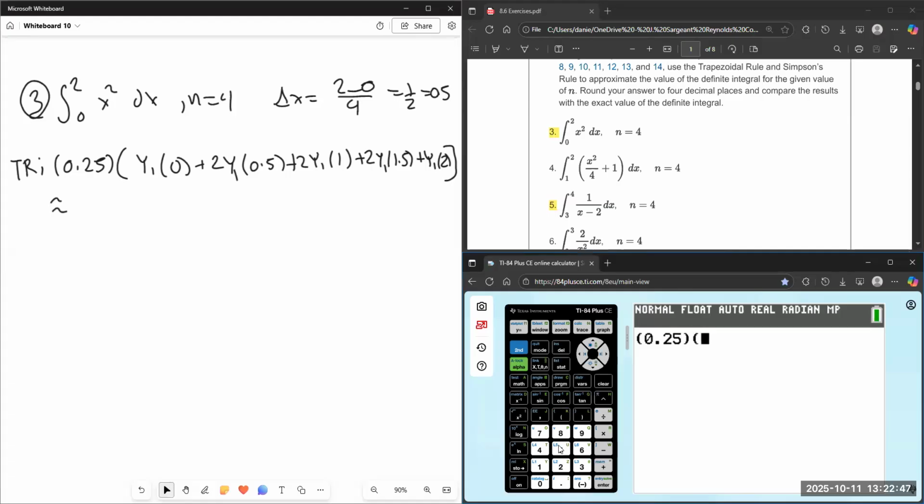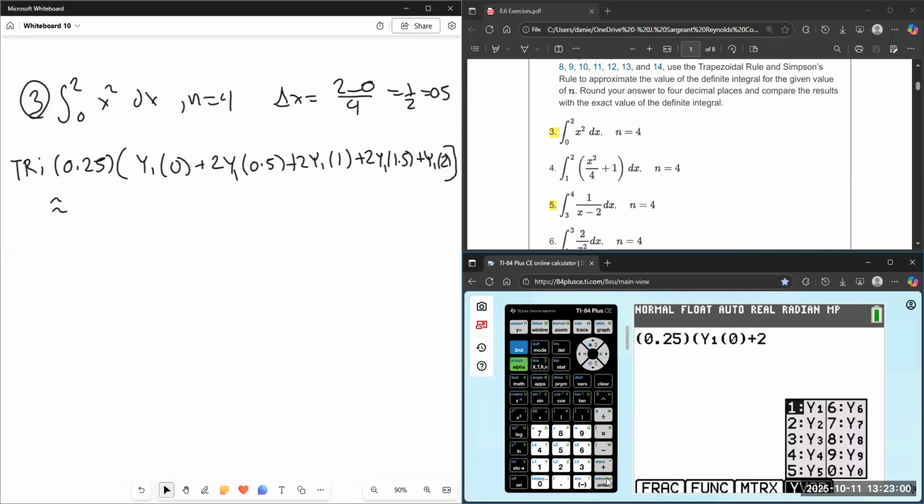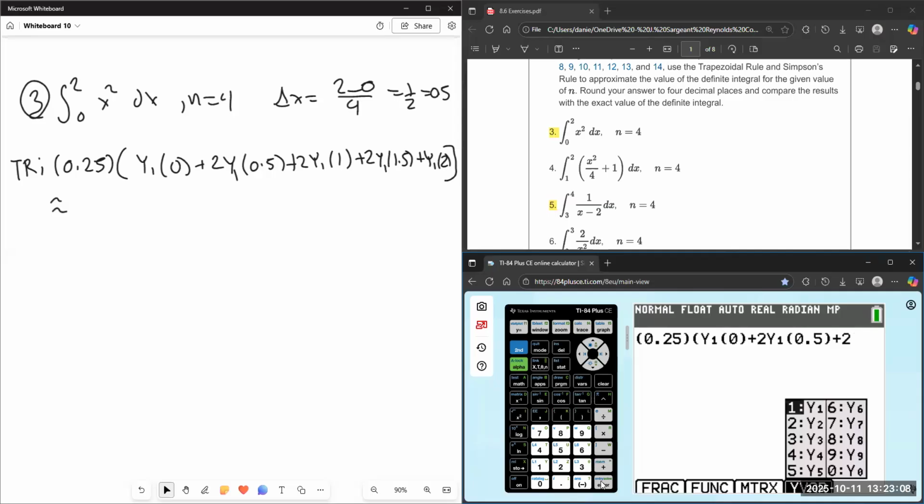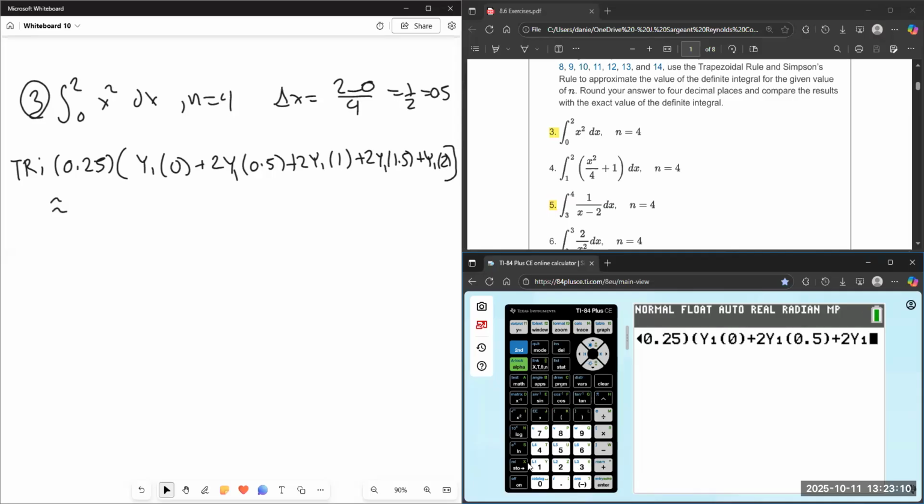0.25 times alpha F4 Y1 of 0 plus 2 alpha F4 Y1 of 0.5 plus 2 alpha F4 Y1 of 1. Oops, I need to put parentheses around that, of 1. This is function notation.